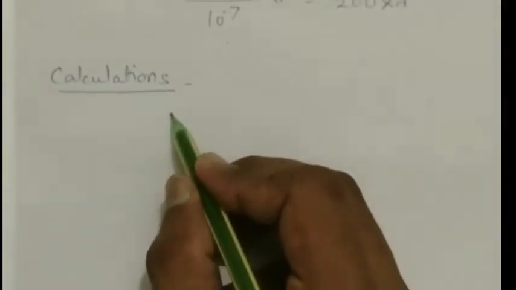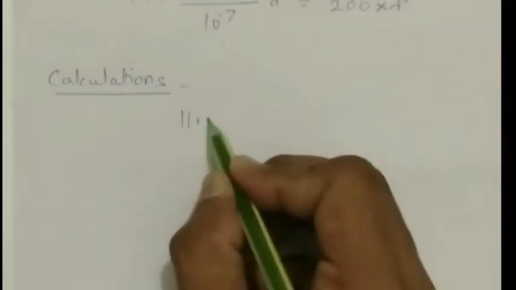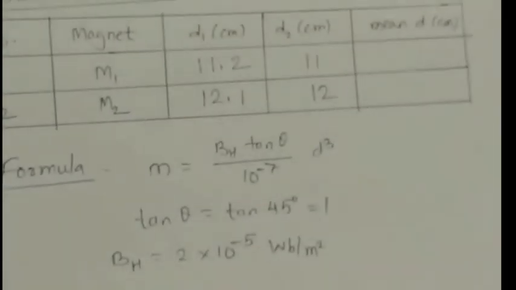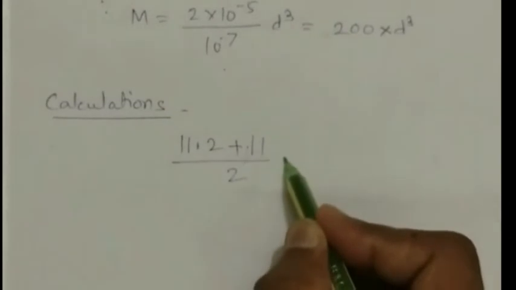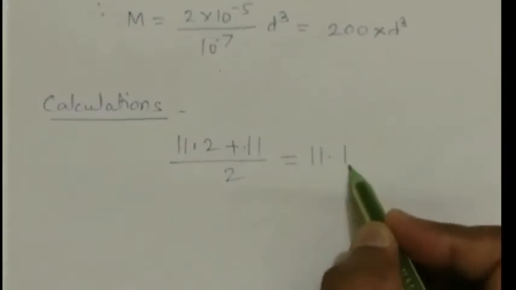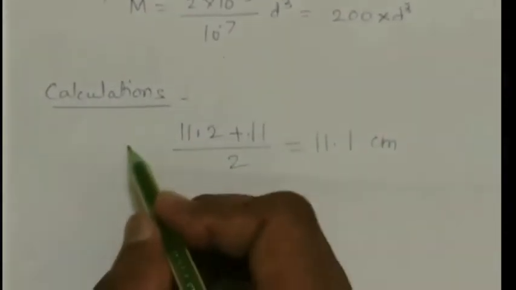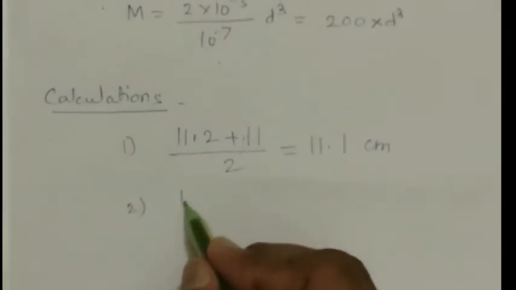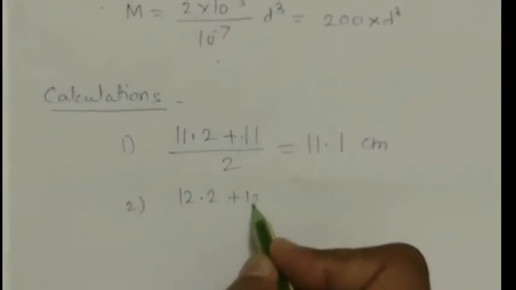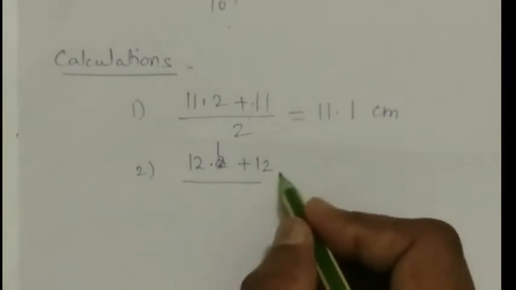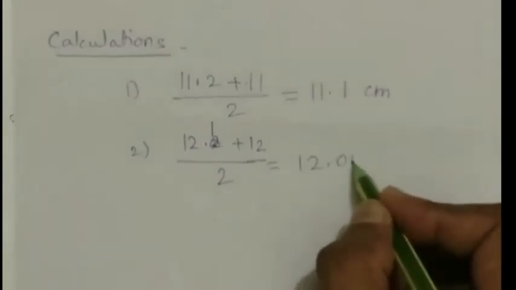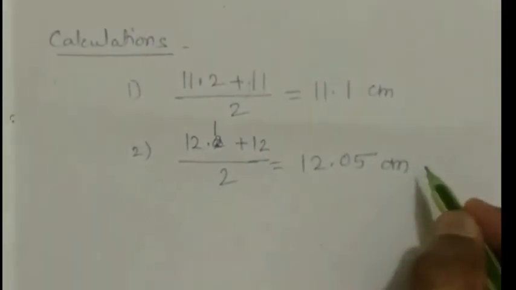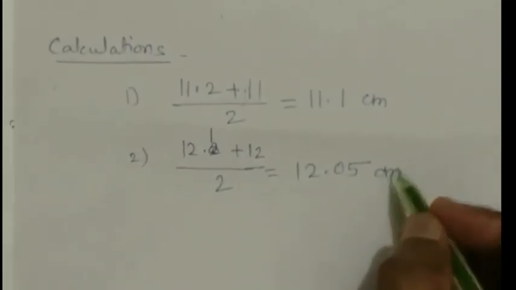So when we calculate the mean, 11.2 plus 11 divided by 2 gives us 11.1 centimeter. And for the second case, 12.1 plus 12 divided by 2 will give us 12.05 centimeter.